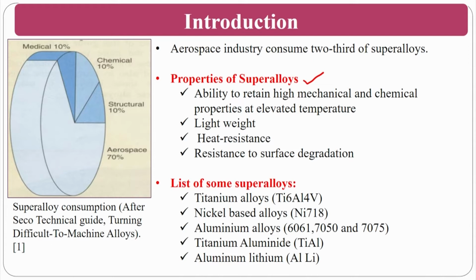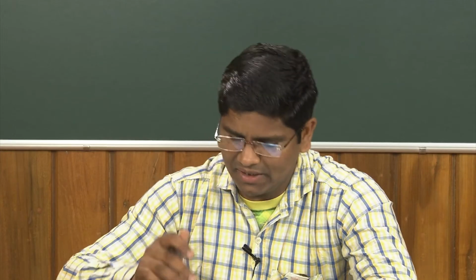If you see superalloy consumption in the market, structural application is 10%, chemical industry 10%, medical industry 10%, but the aerospace industry is 70%. That's why superalloys like nickel based alloys play a major role in the aerospace industry. That's why we see how to machine superalloys, what the problems are, and we also see the other materials.